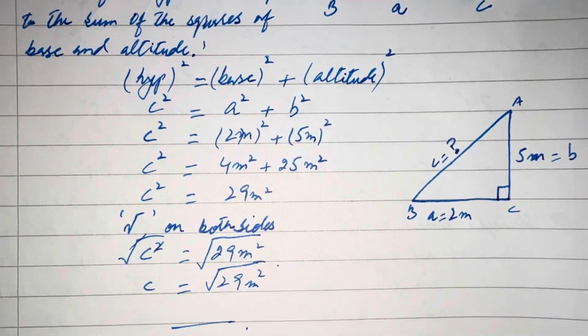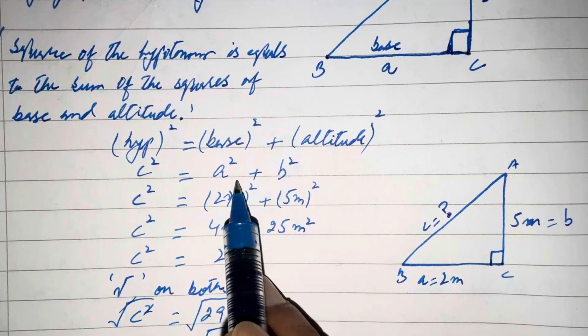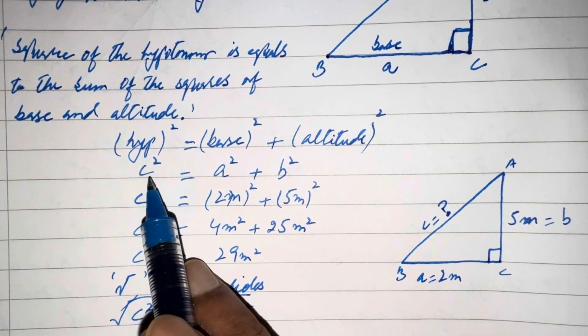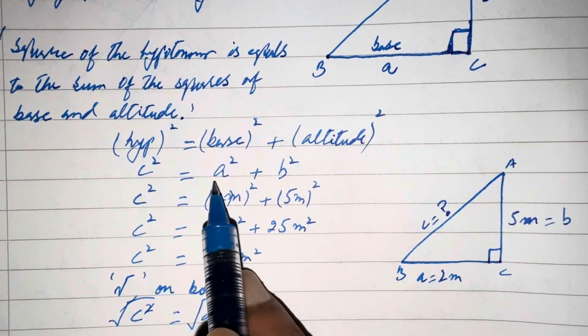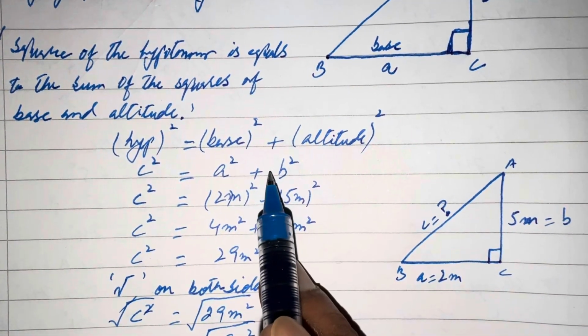But we have to keep this formula in mind: c squared is equal to a squared plus b squared. c squared always represents the hypotenuse, and a squared plus b squared can be changed into base and altitude.